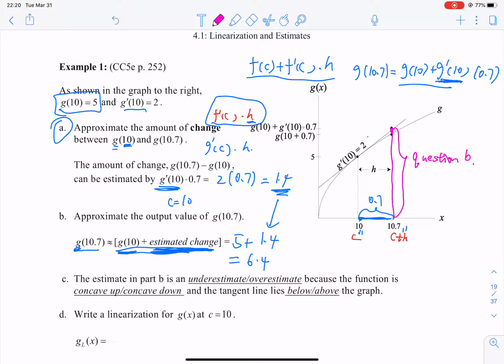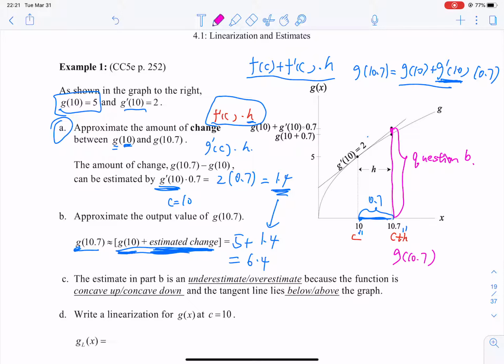And what is the real function value? What is the real g of 10.7? Because question B is only our estimation. Estimation means that's not the real thing. So what is the real function value? We have to use the function graph. When x equals 10.7, the real g of 10.7 is right here.